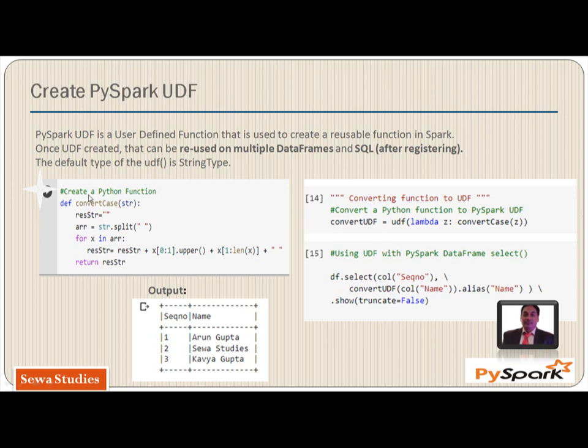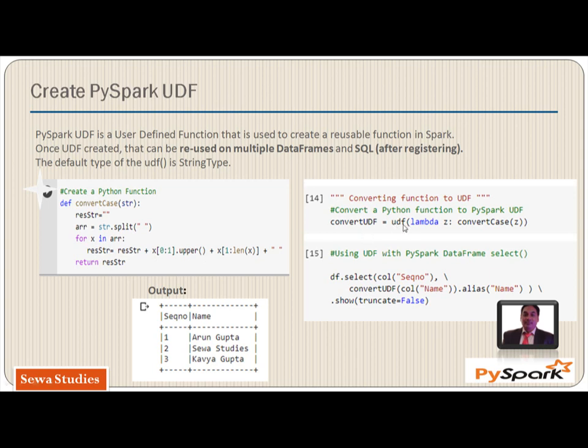First we create a Python function, def convert_case, which splits your input data, and then we provide a for loop for each iteration, and then we use the upper method to convert small letters to uppercase.